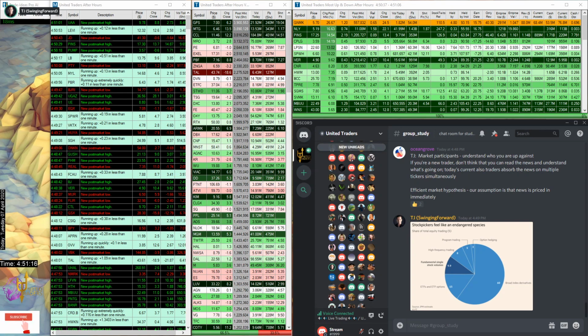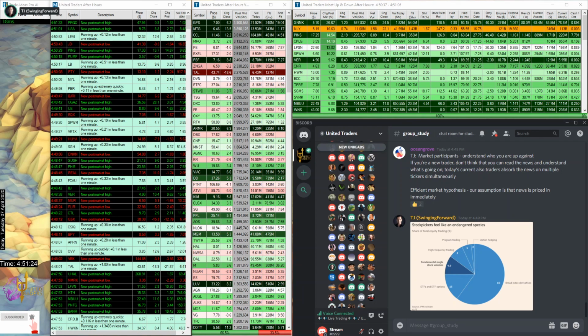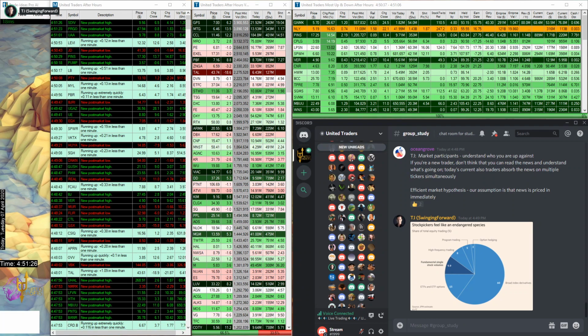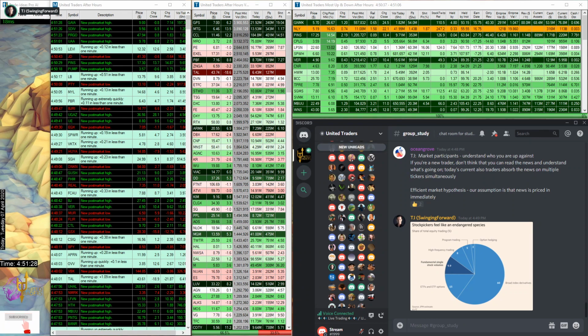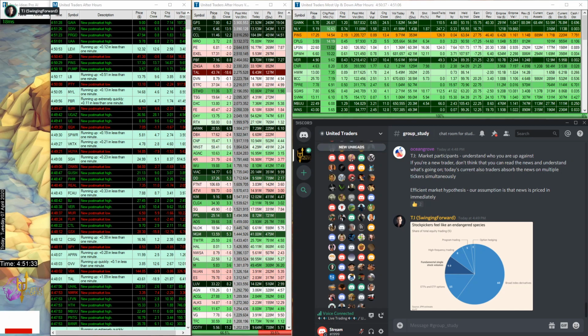Now, when you look at that pie chart, you'll notice that the majority of the trades are going to be on derivatives. So anything that happens on the marketplace, why is it so exaggerated? It's because of this. It's because the derivatives are being traded, because that's where their quants really shine.